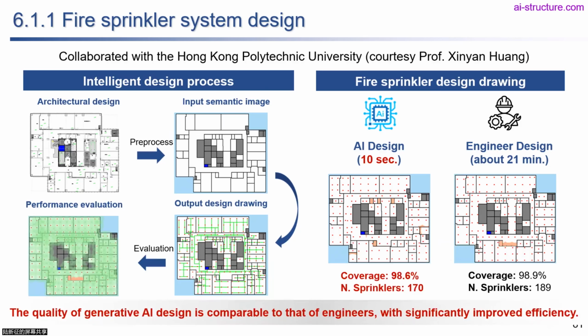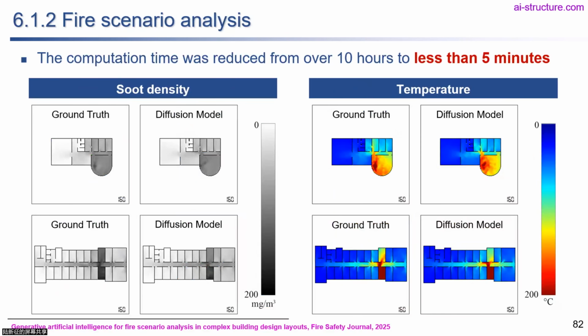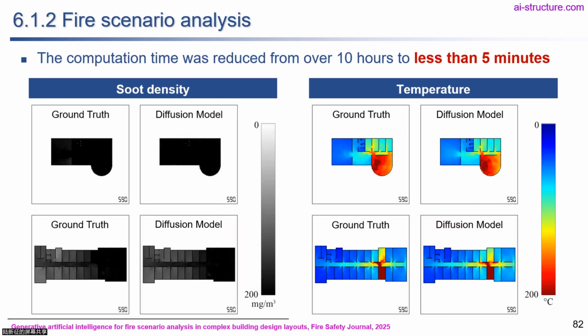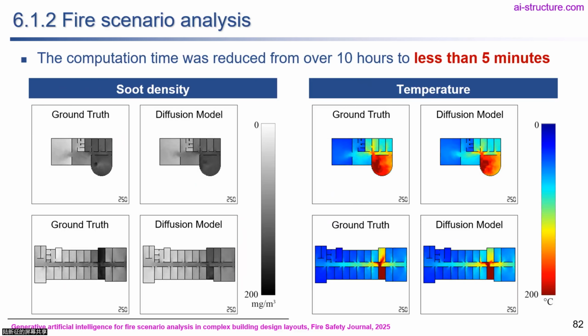So we can lay out the sprinklers as well as the engineering design, but much, much faster. We can also use it to predict, for example, the spread of smoke and fire in a building, so that we can predict the smoke density or temperature in a fire case, much faster than the safety calculation.